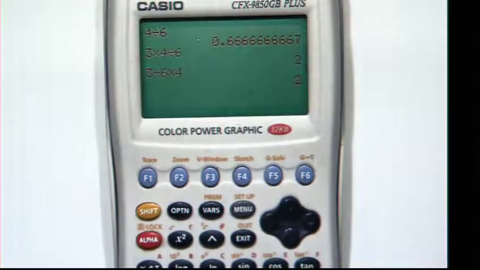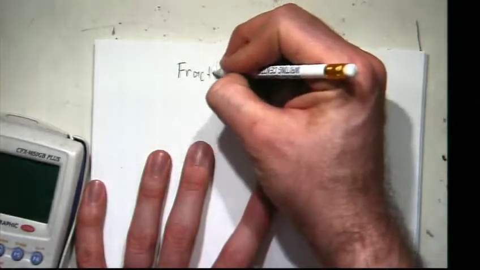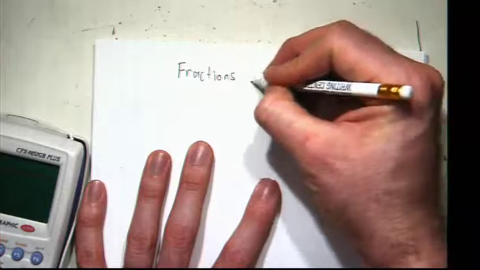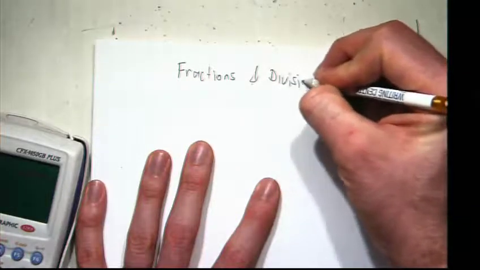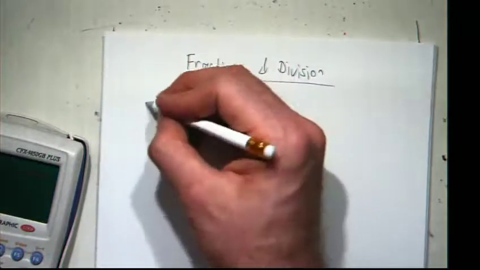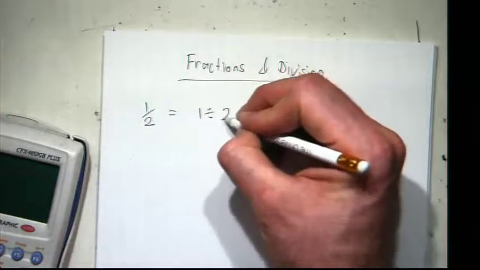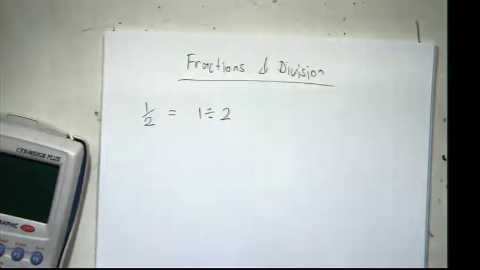But if there was an expression that did involve fractions, I can get my calculator to do it. So I'm just going to do some examples and show you what it looks like on the calculator. So if I see the number 1/2, it could just as easily be 1 divided by 2.